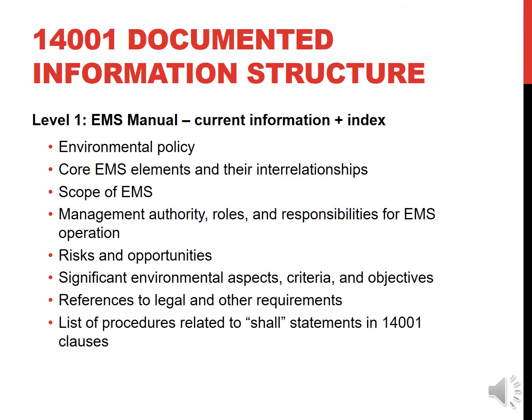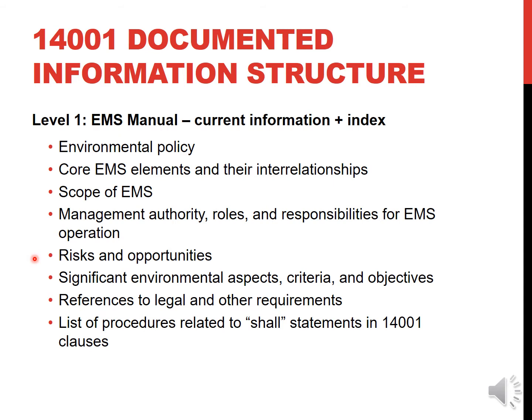If we look at level 1, the EMS manual, we look at this as current information about the organization plus an index. And so the elements that really go in an EMS manual are, first off, the environmental policy. And we have a description then of the core EMS elements and their interrelationships, how it works, the scope of an EMS, the management authority roles and responsibilities, who's responsible for doing what, risks and opportunities.